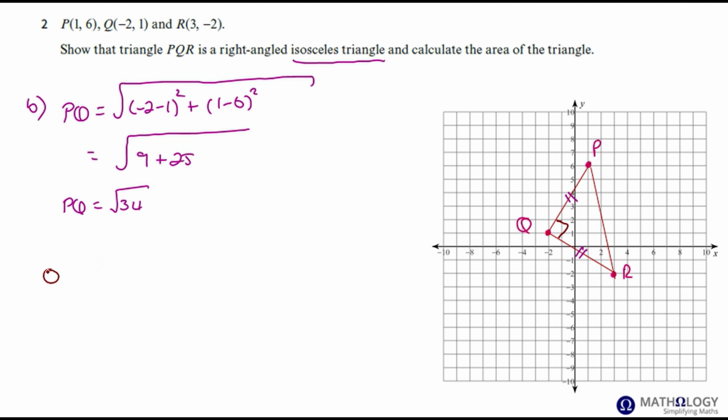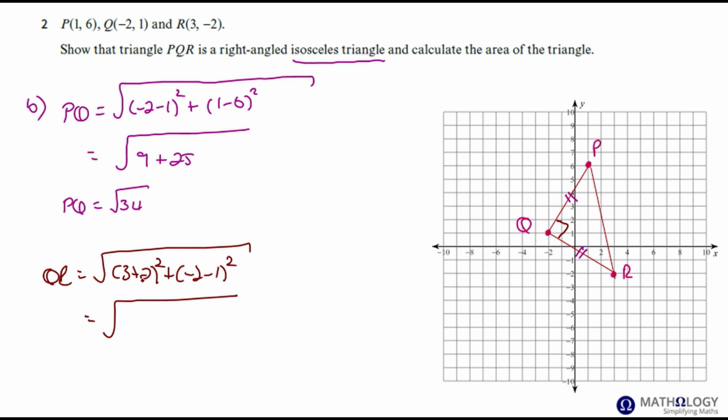And likewise, QR is the square root of x2 minus x1 all squared. So 3 minus minus 2, 3 plus 2 all squared, plus minus 2 minus 1 all squared.